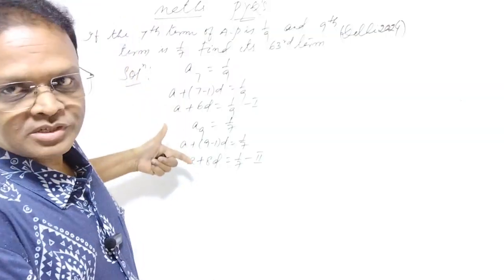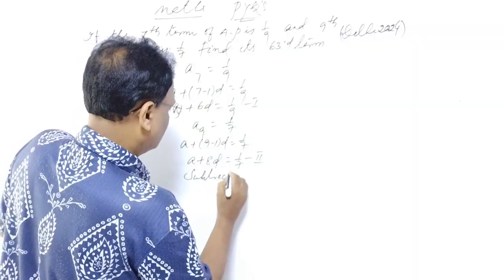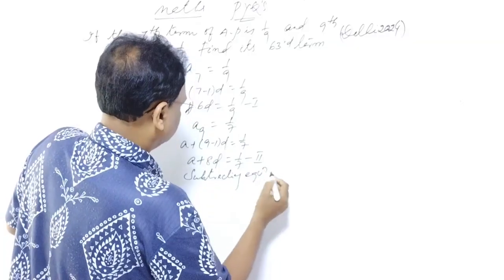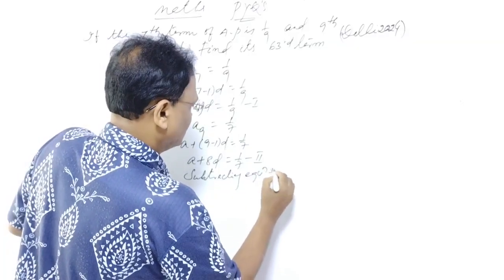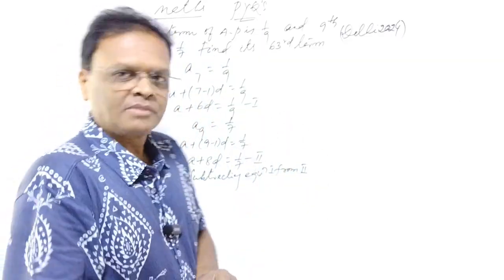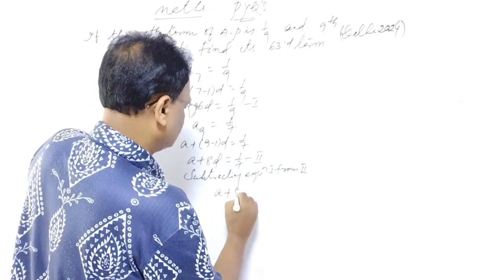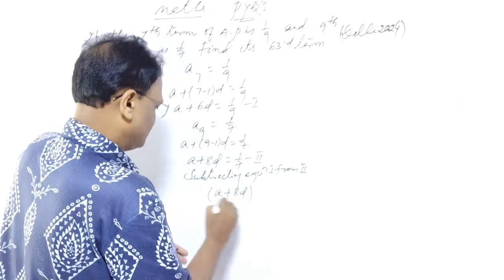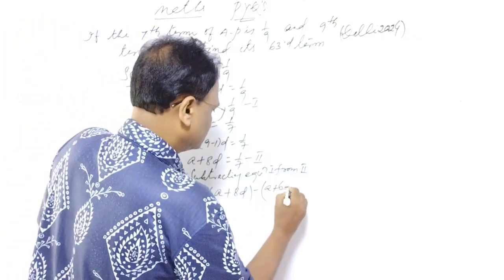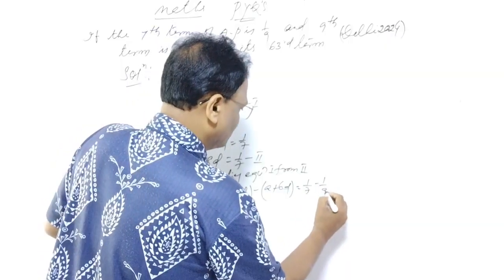If I subtract the two equations, I am subtracting the first equation from the second equation. The second equation is A plus 8D, minus the first equation A plus 6D, is equal to 1 by 7 minus 1 by 9.